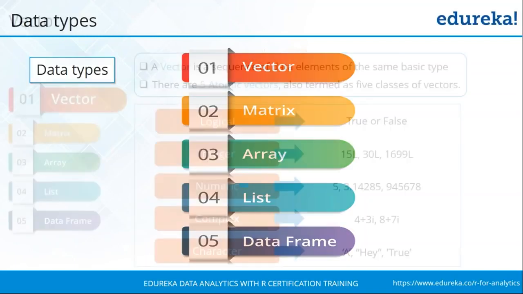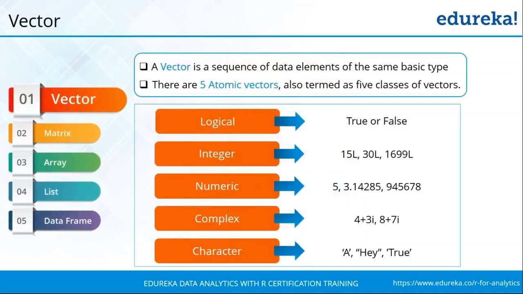Now we'll start off by understanding vectors first. A vector is basically a collection of different data elements that belong to an atomic type. Again, what is an atomic type? You have 5 basic atomic types present, or as they're better known, the 5 classes of vectors. The first is logical. Now the logical data type can either take a value of true or false.